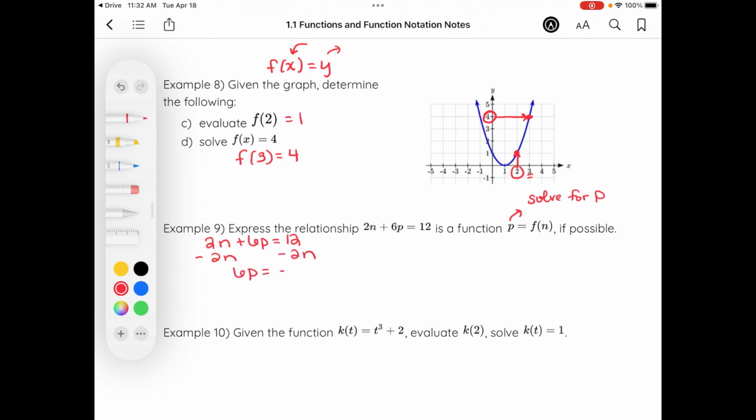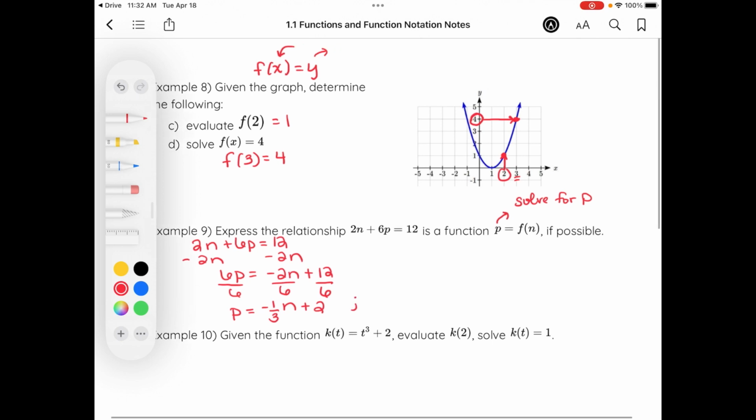Thus 6p equals negative 2n plus 12. Divide everything by 6. Thus p equals negative 1/3 n plus 2. I can then say f of n, since that equals p, is negative 1/3 n plus 2.